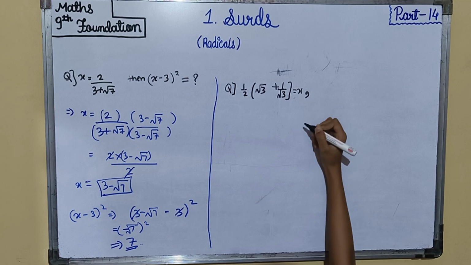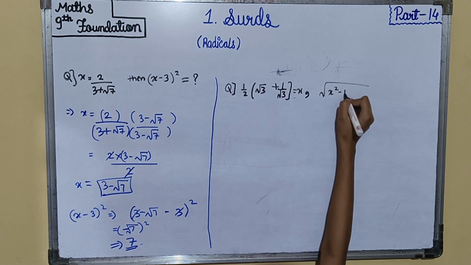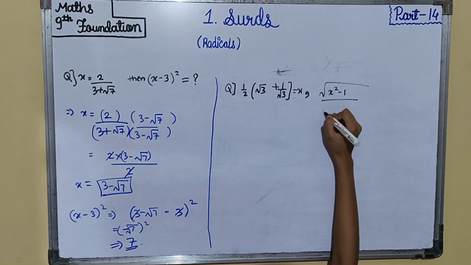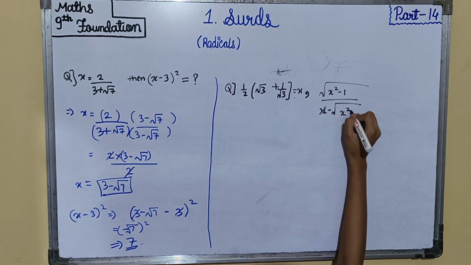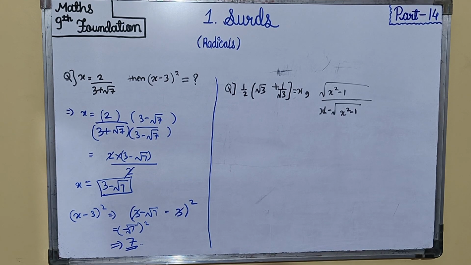So find out root x square minus 1 upon x minus root x square minus 1. We have to find its value. This question would look hard, but it is so easy.